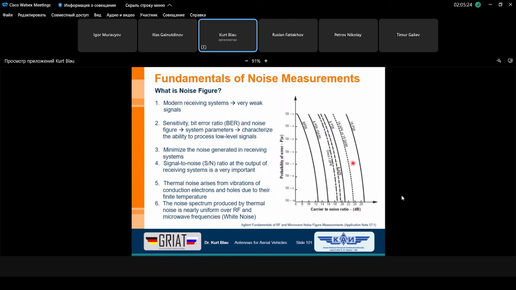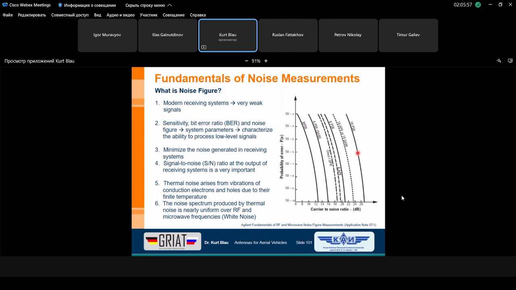It must be better, it has to hold about 25 dB. The signal power must be about 25 dB larger than the noise power coming from inside the system and the thermal noise around your receiver system.